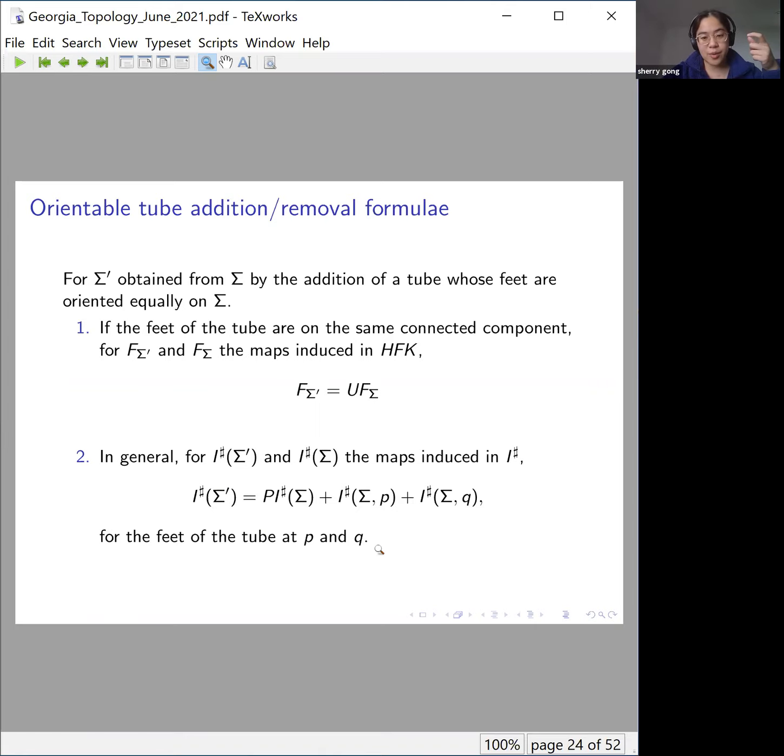If p and q are oriented the same and are on the same component, then these last two terms cancel because they're equal and we're working in characteristic 2. So you end up with the same as sigma, but with an extra factor of p.